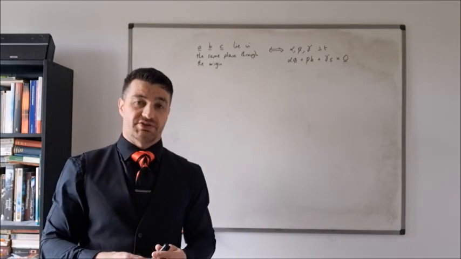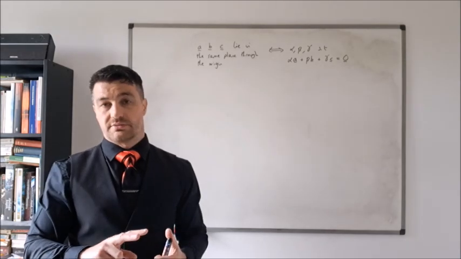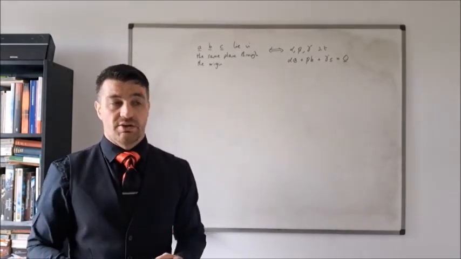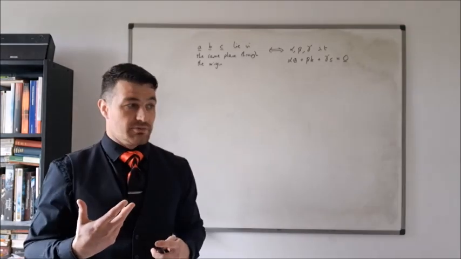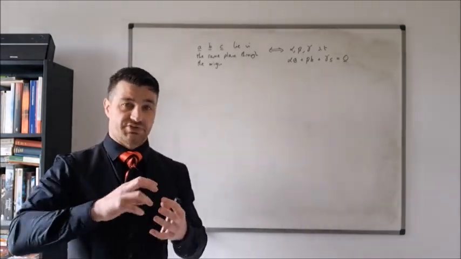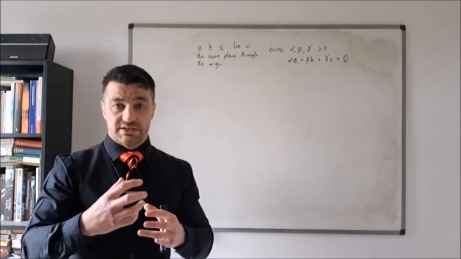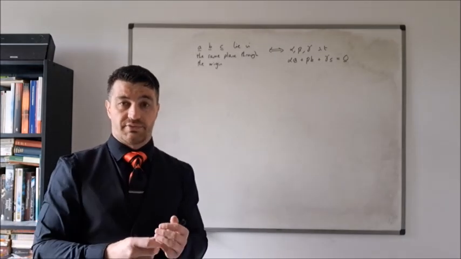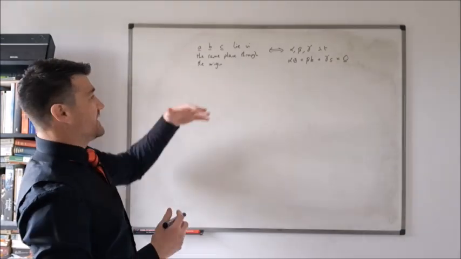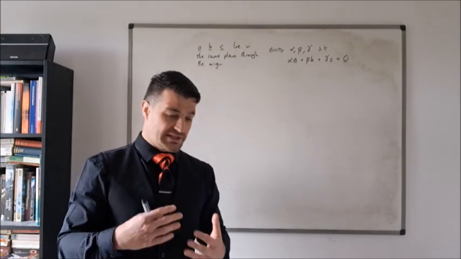So if it's a two-dimensional vector space, that means that any two linearly independent vectors in that plane will suffice to form a basis, and then any third vector can be written as a linear combination of those two basis vectors.